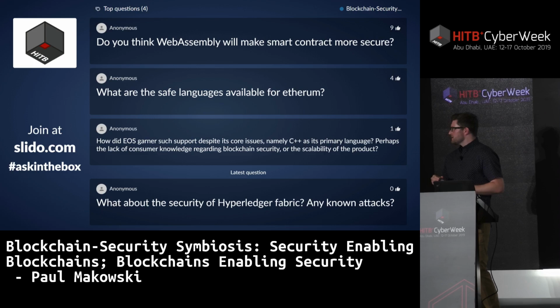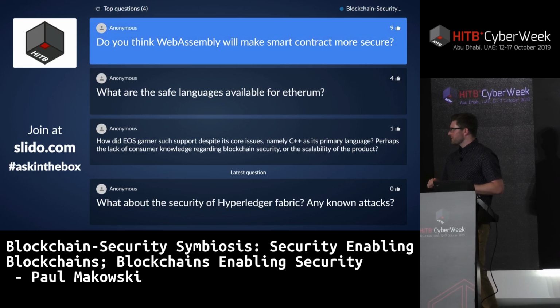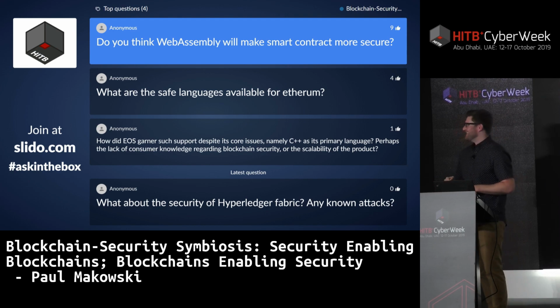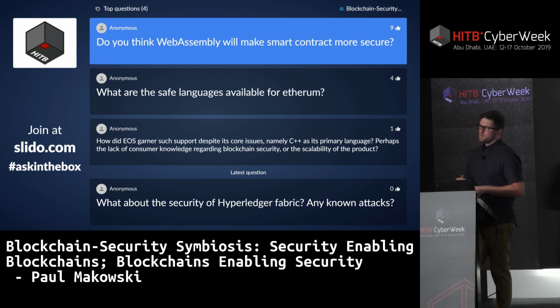Next question: do you think WebAssembly will make smart contracts more secure? I think I know where this question's coming from. Yes, I think really any kind of language that is more security minded. Solidity, the language that most smart contracts are written in, was kind of born out of necessity.